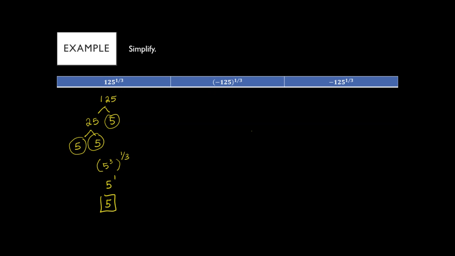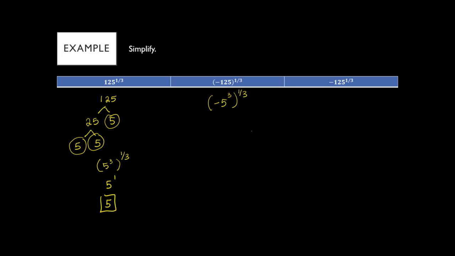So we can do the same thing here. We have a negative 125 to the 1/3 power. So this would be a negative 5 cubed to the 1/3 power. The thing about negatives, though, is that you always have to determine if you're going to get an imaginary number first, and then deal with multiplying those exponents together.